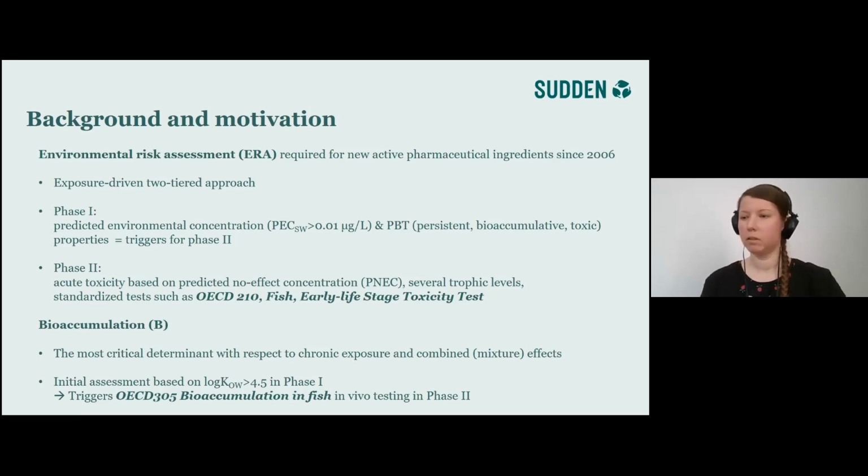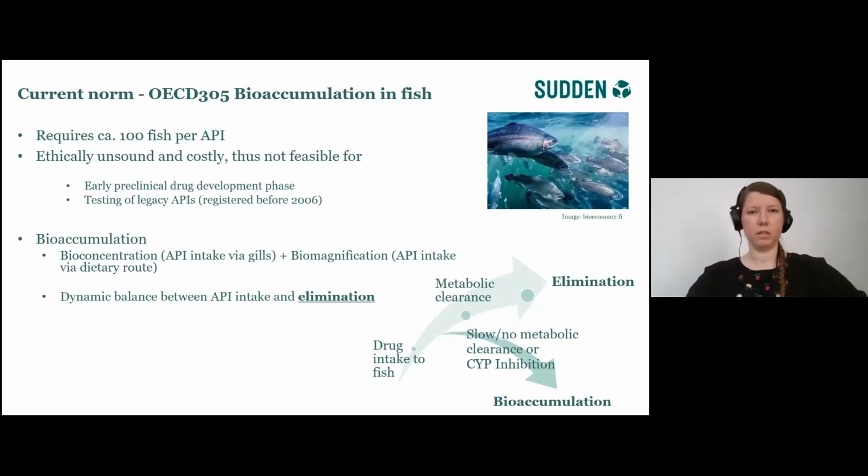And if we need animal models, the bioaccumulation study done in fish requires more than 100 fish per API. So the animal-based models are ethically unsound and costly.